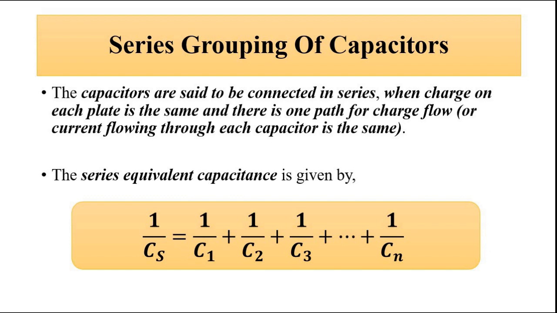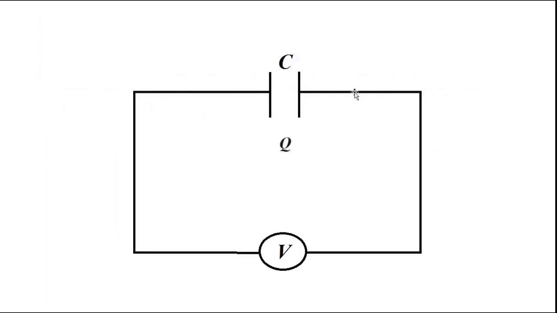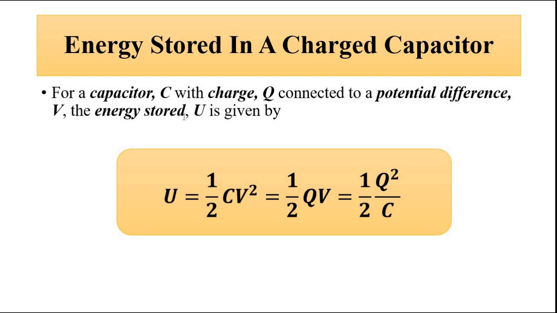Next is the energy stored in a charged capacitor. For a capacitor C with charge Q, that is plus Q and minus Q, opposite charges of the same magnitude on the different plates, connected across a potential difference V, the energy stored in the electrostatic field is given by U equal to 1/2 CV square, or 1/2 QV, because Q is equal to CV.